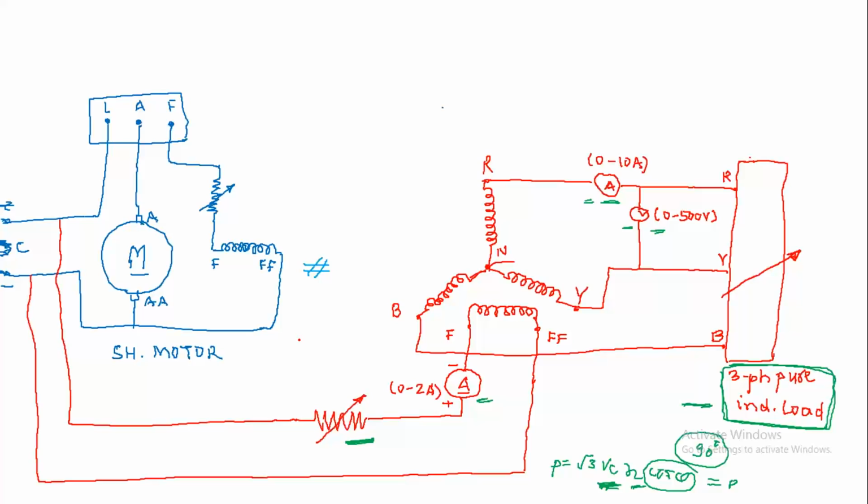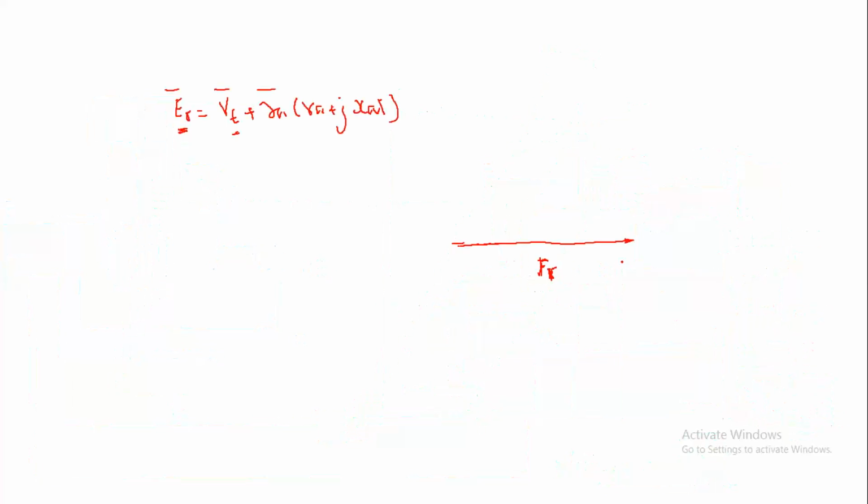So this FR you take here, and then this is taken FA, at an angle 90 plus theta, 90 plus power factor angle phi, and then join this thing. This is nothing but the resultant MMF or resultant flux.